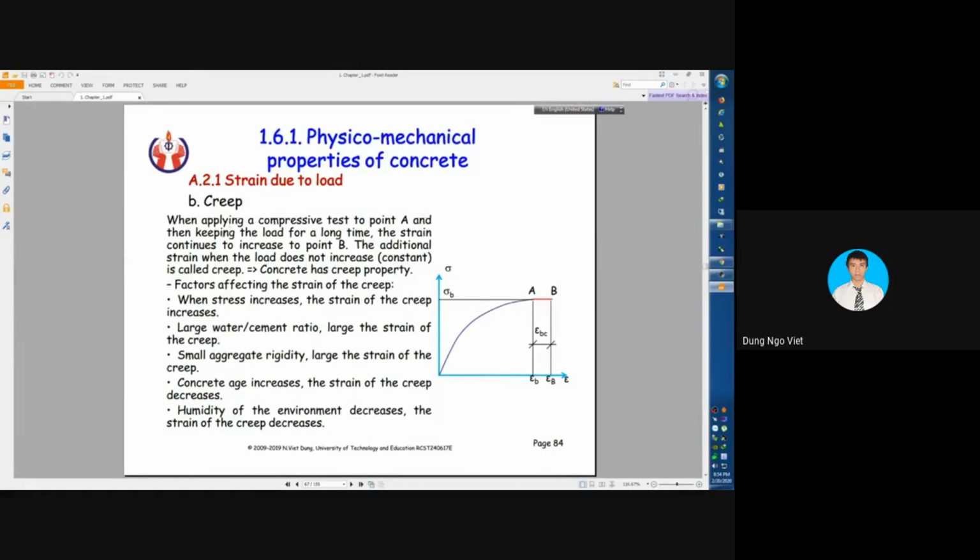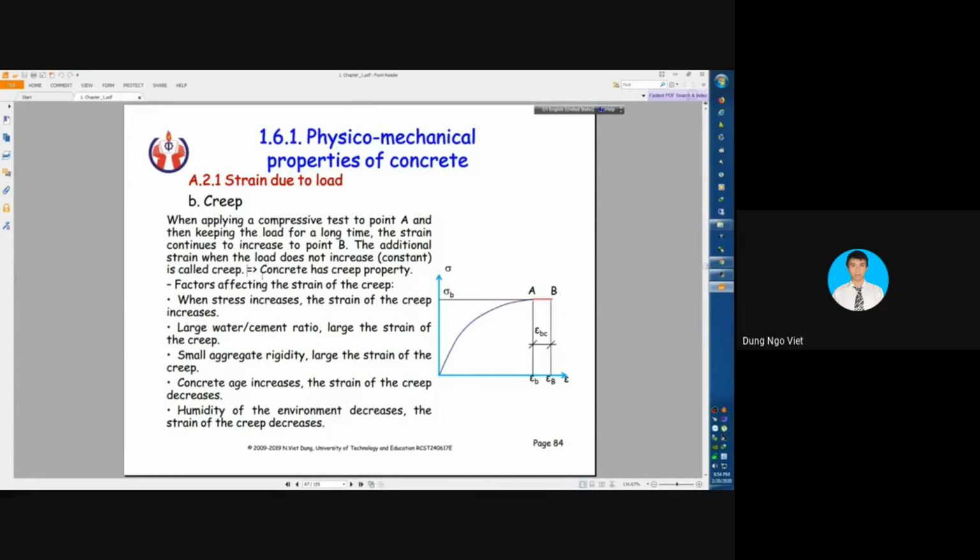The strain continues to increase to point B. When we keep it for a long time, the strain is not only epsilon B, but it increases to epsilon capital B. This normal B and this capital B. It increases to point B. And the additional strain when the load does not increase is called creep.